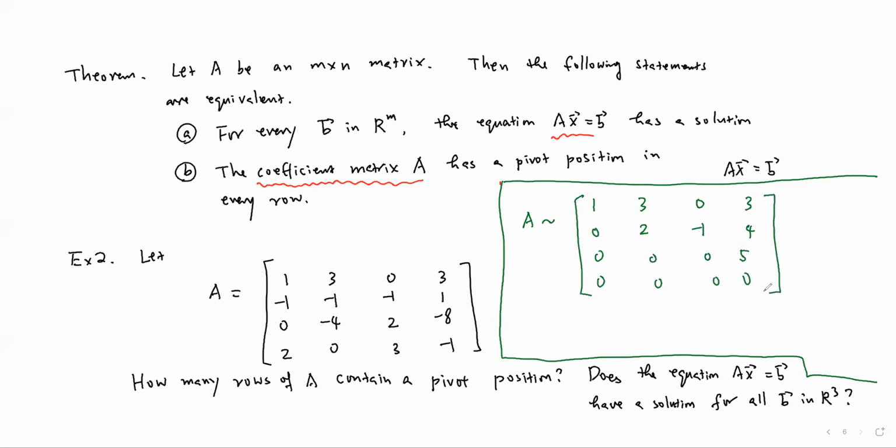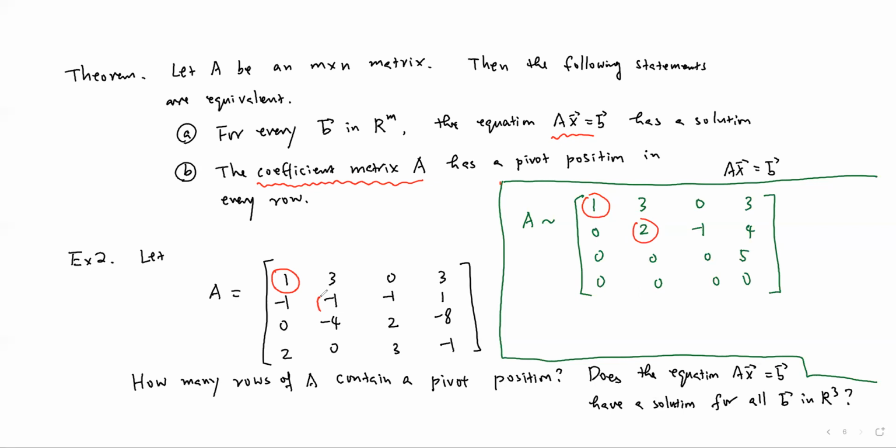Now I can tell which positions are pivot positions. The 1,1 position is a pivot position. Let me mark it down in the original matrix. The location 2,2 is a pivot.